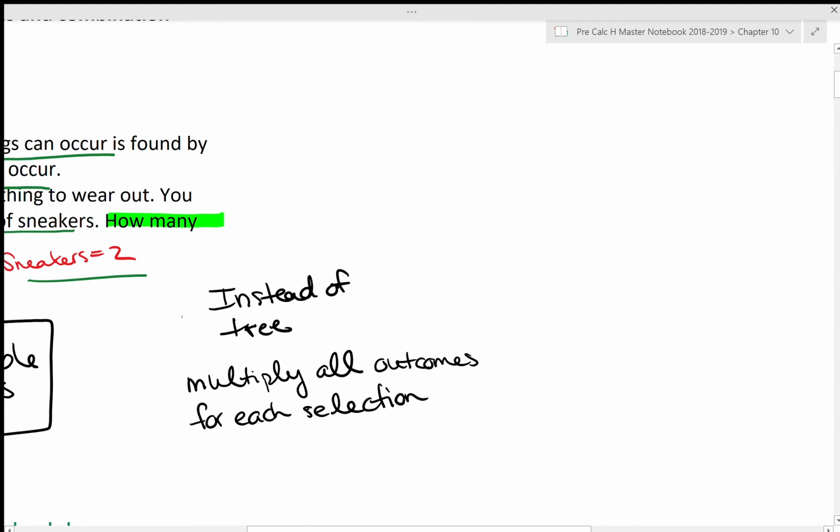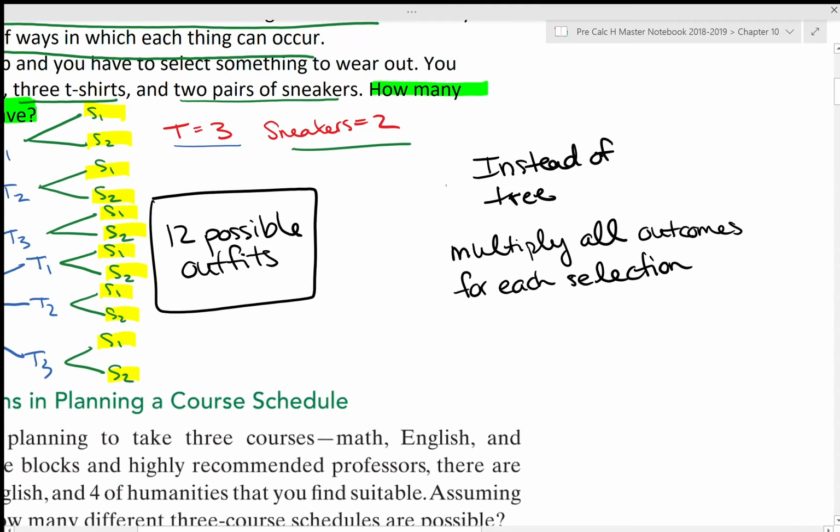Okay? So in this case, I need to pick jeans, and I need to pick a t-shirt, and I need to pick a pair of sneakers, right? Well, the word and in probability means to multiply.